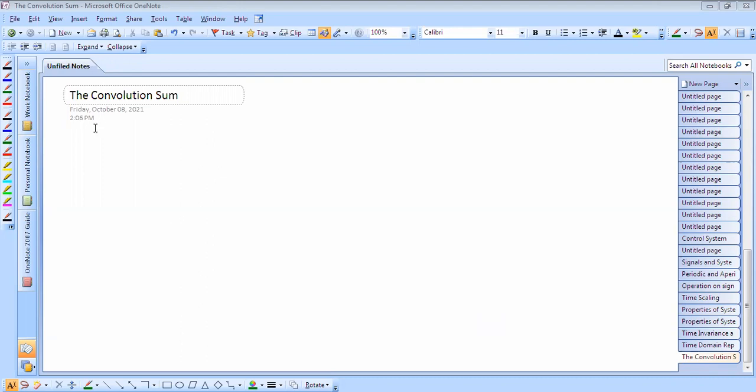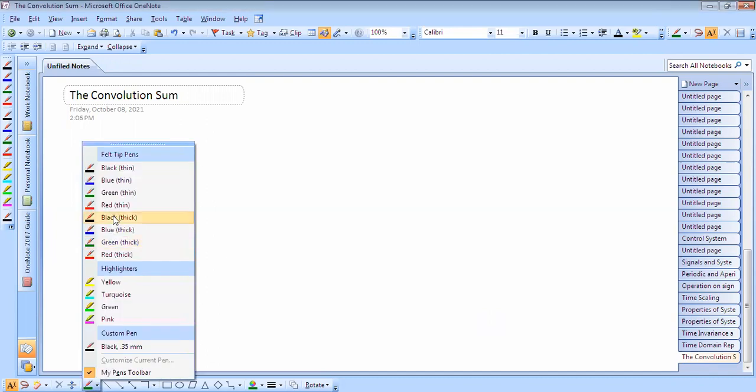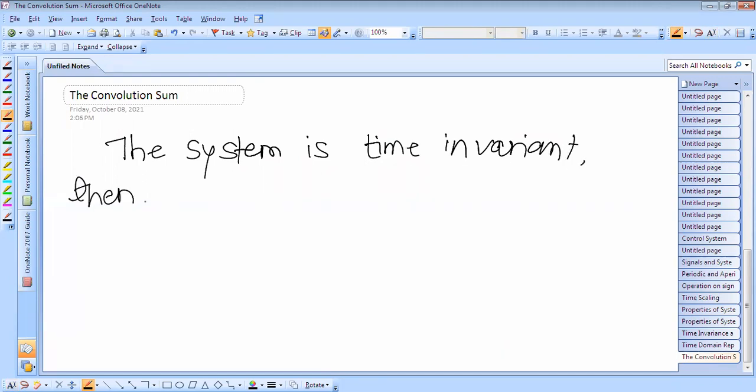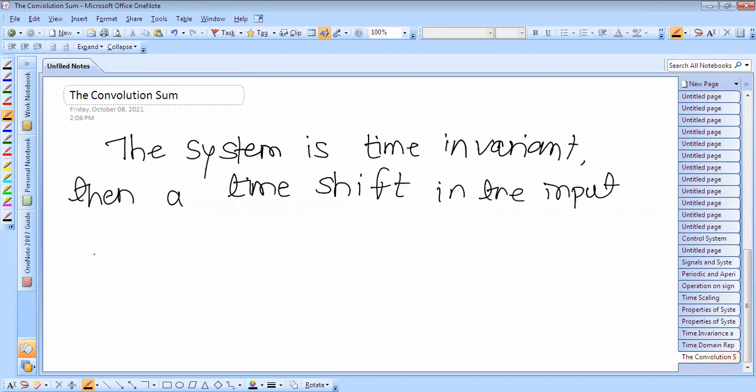It is assumed that the system is time invariant. If the system is time invariant, then a time shift in the input results in a time shift in the output.